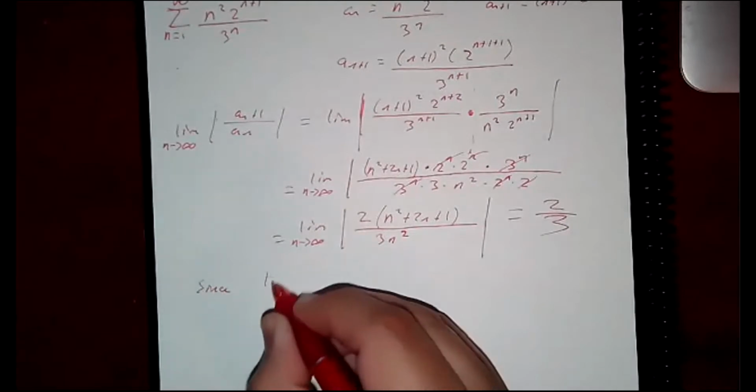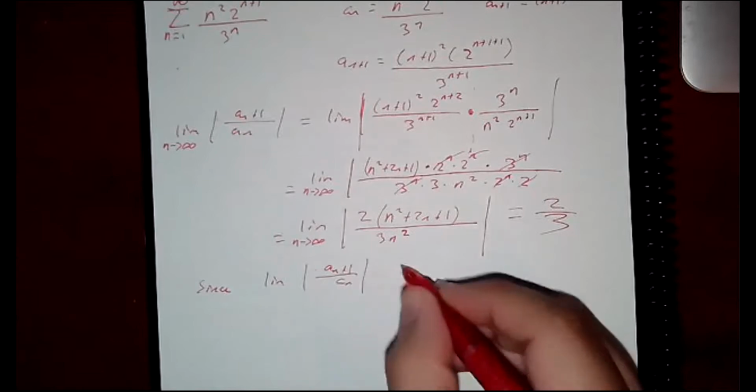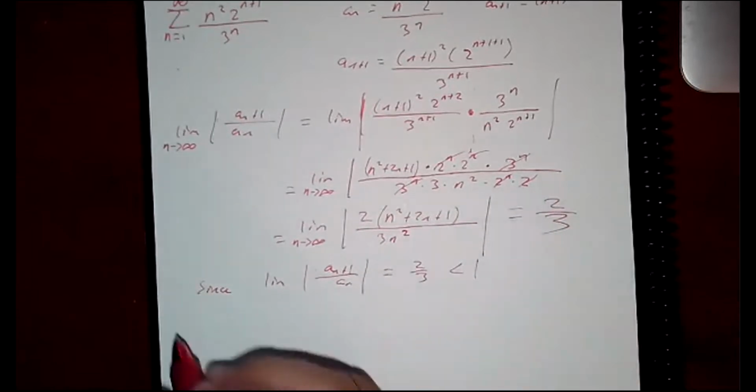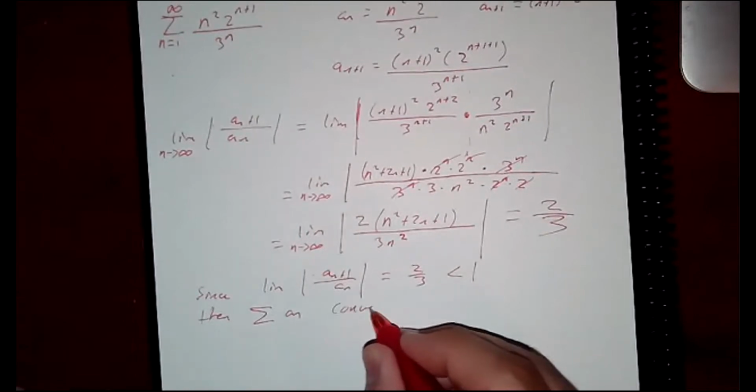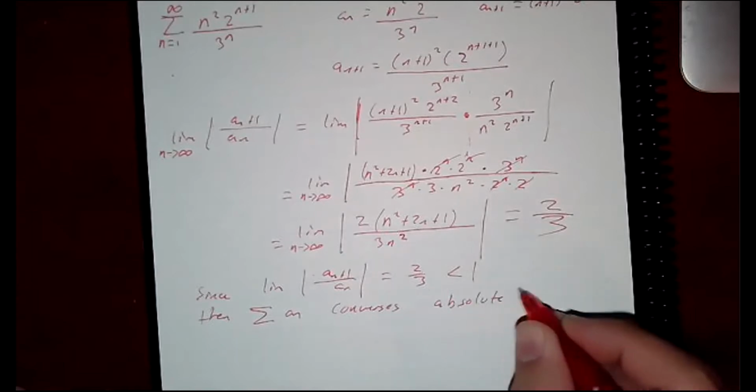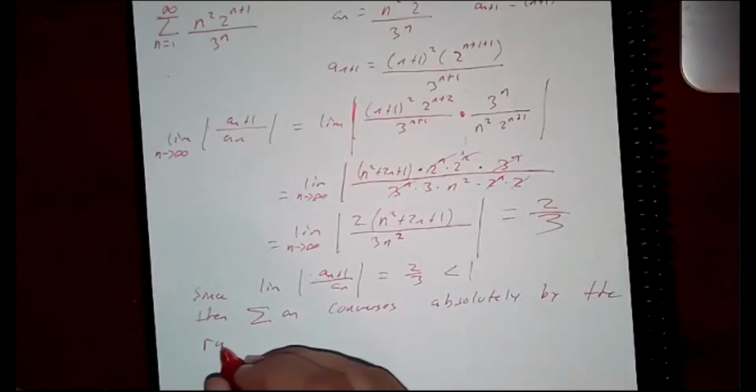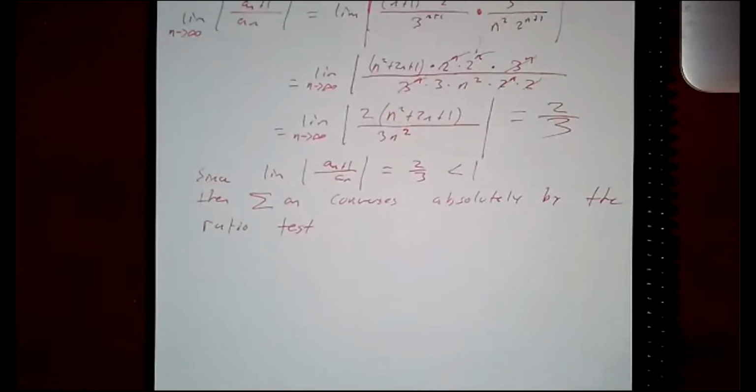So since the limit of the ratio of a_(n+1) over a_n is equal to 2/3, which is less than 1, then the series a_n converges absolutely by the ratio test. Any questions on this problem?